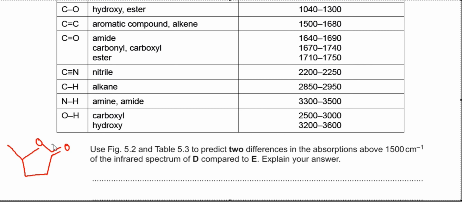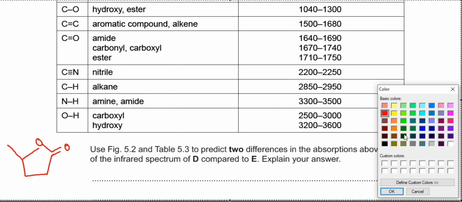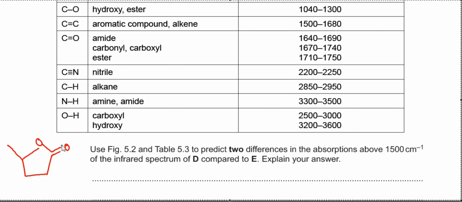So if I break it down, I have this absorption that appears as C double bond O, and we have another absorption which is C-O. But remember, this C-O is a single bond and its value is lower than 1500, so we are not going to comment on this part.